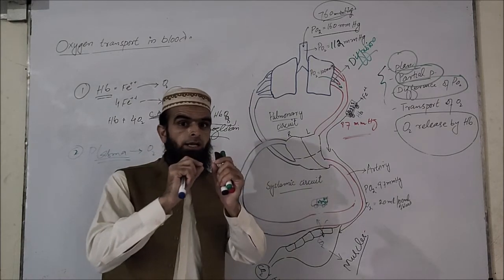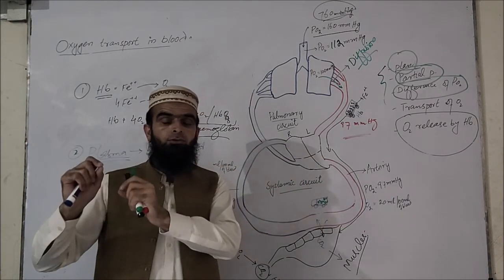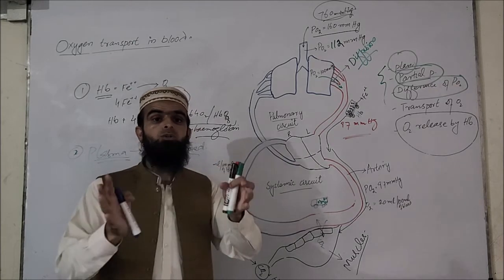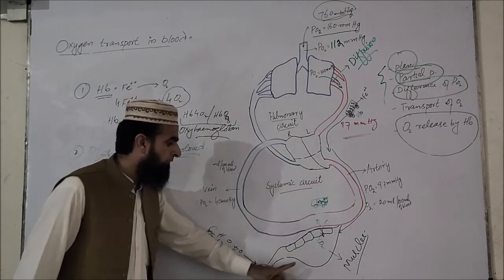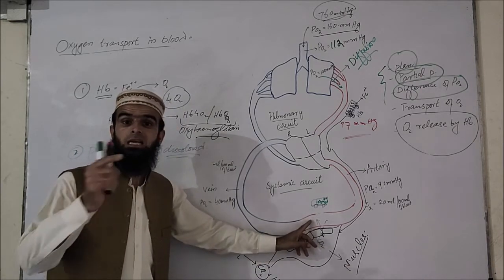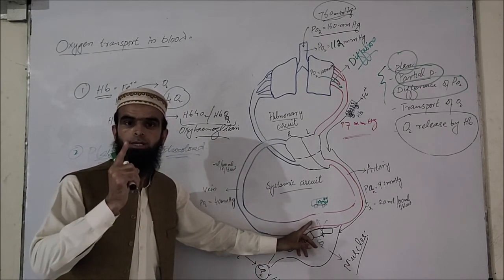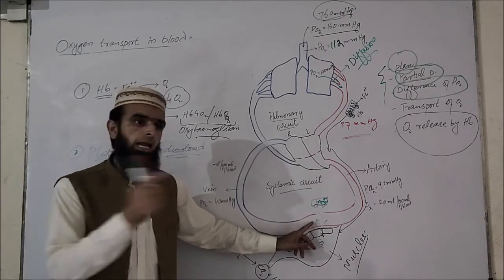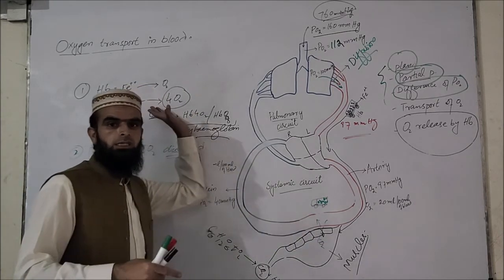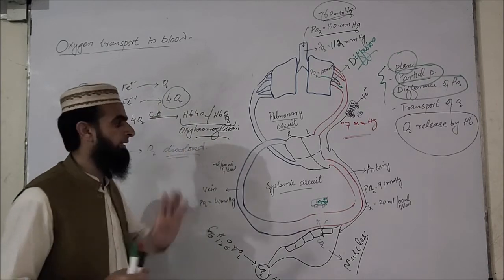A lot of students are confused about carboxyhemoglobin and carbaminohemoglobin. The attachment of carbon dioxide to the hemoglobin results in the formation of carbaminohemoglobin. That is not carboxyhemoglobin; carboxyhemoglobin is something else. Anyhow, leave it. We will discuss it in the next topic, the transport of carbon dioxide.